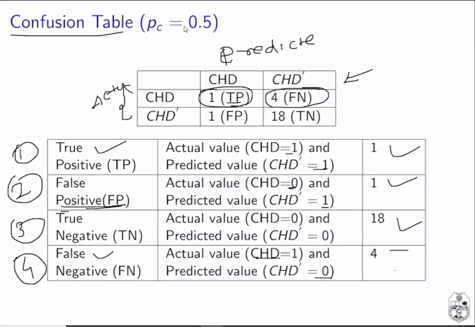If the actual value is 0 and the predicted value is 1, those entries are called false positives. And how many entries are there? Those entries are 1. If the actual value is 0 and the predicted value is 0, those entries are written in this cell.